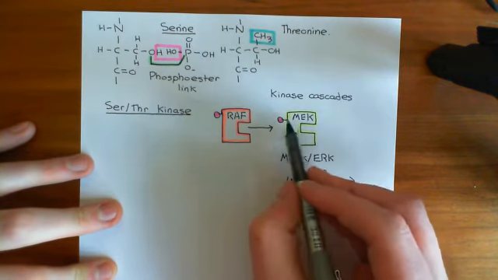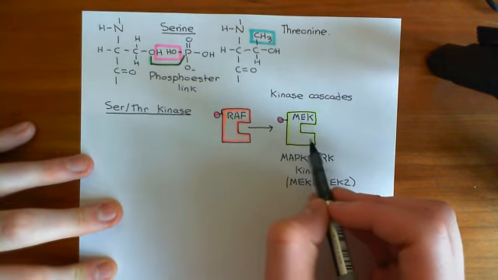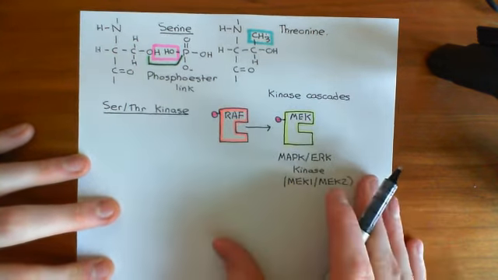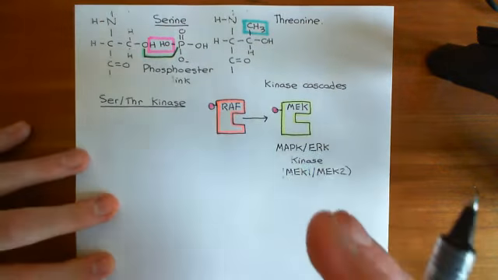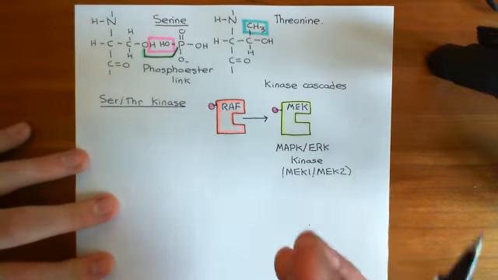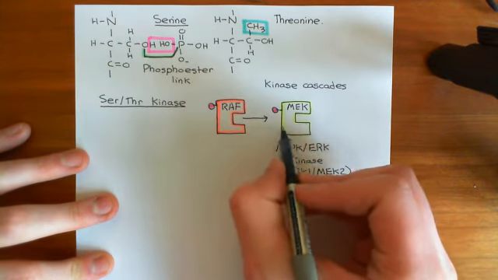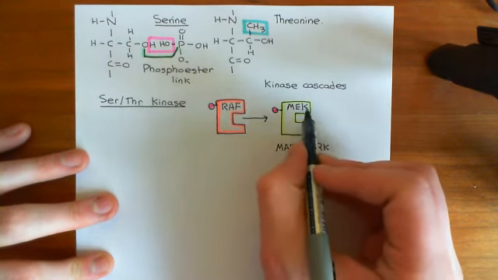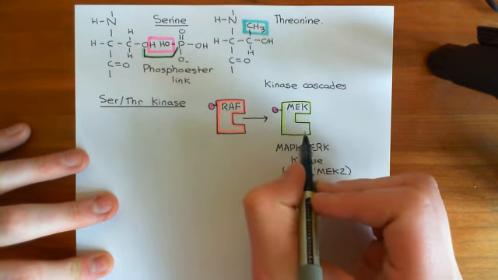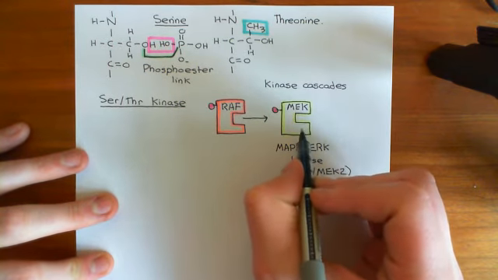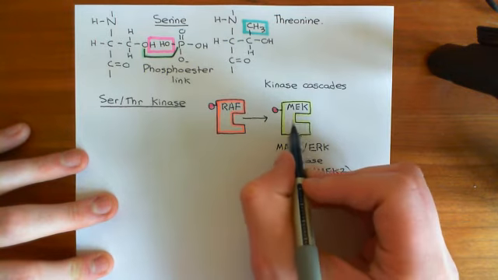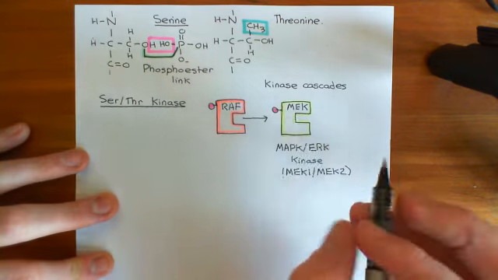Now, MEK is a little bit more complicated. It can phosphorylate pretty much whatever it likes. It can phosphorylate serine residues, threonine residues, and also tyrosine residues. So it's quite a broad kinase. It's rare that you find kinases which can phosphorylate all three types of residues, serine, threonine, and tyrosine, but MEK can do that.